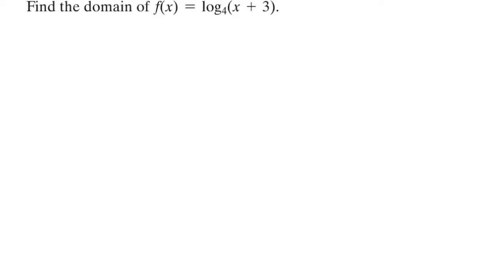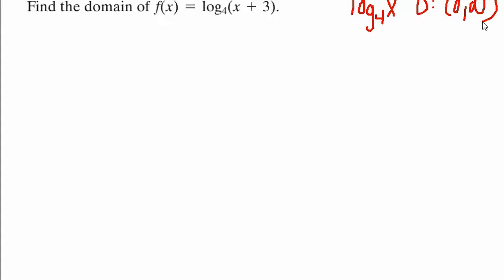So let's find the domain of this logarithm. Well, we know the normal domain is 0 to infinity. So log base 4 of x would have a domain of 0 to infinity. So let's figure out where this graph went. So normally that's x minus h.